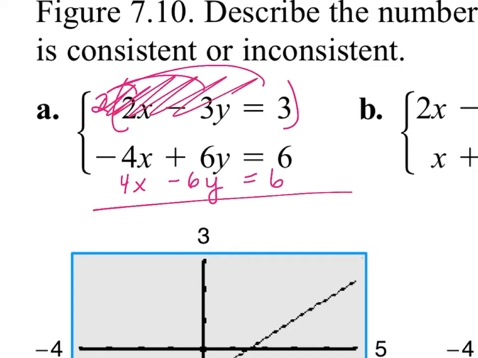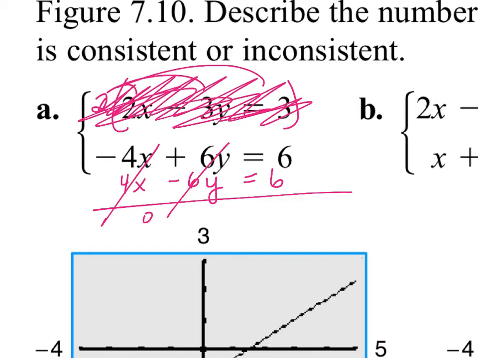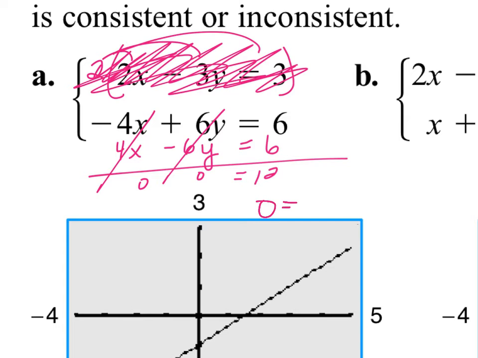Okay, be careful on these. These seem really simple, just really easy to make silly mistakes. What's a negative 4x and a positive 4x equal? Cancels out. 0, right? What's a positive 6y and a negative 6y? 0. Cancels out. What's 6 plus 6? 12. So this says 0 equals 12. Is that a true statement?